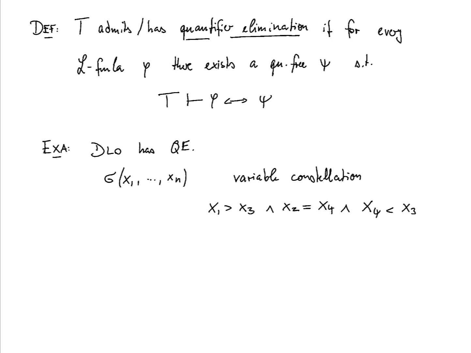So any formula that is a conjunction of those basic formulas over the language of orders, right? And these are possibly inconsistent. So there might not be a satisfying assignment to those over a structure. But let's call this a variable constellation.